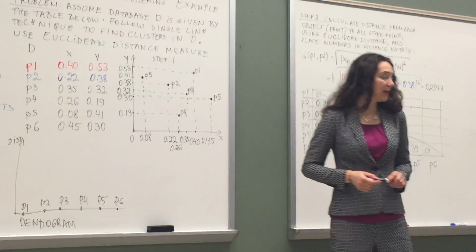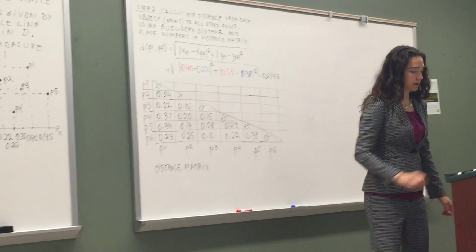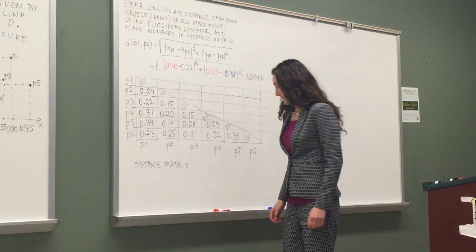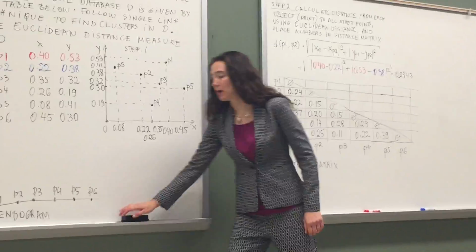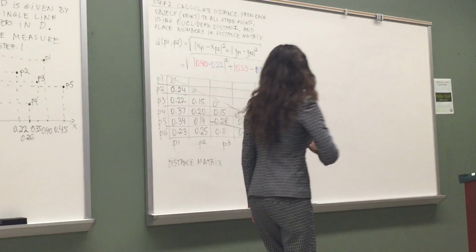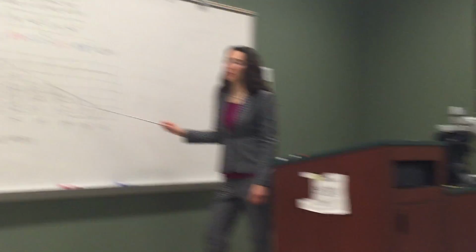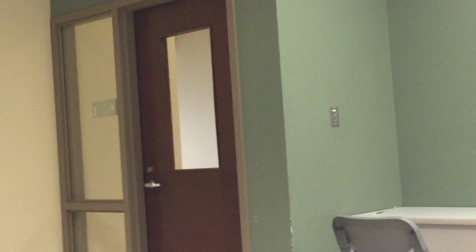So let's look at our distance matrix. Which is the smallest number in here? Only 11. This is the smallest number, right?